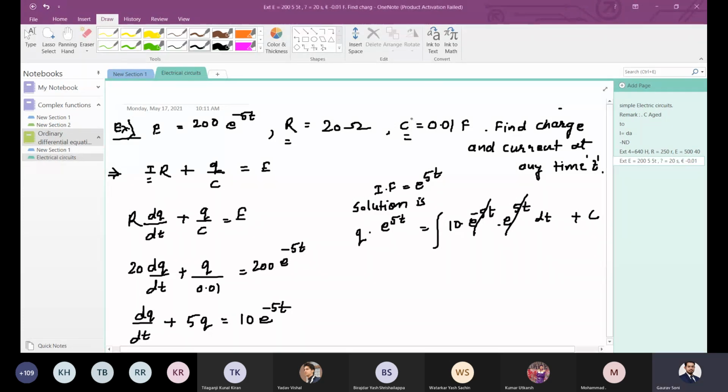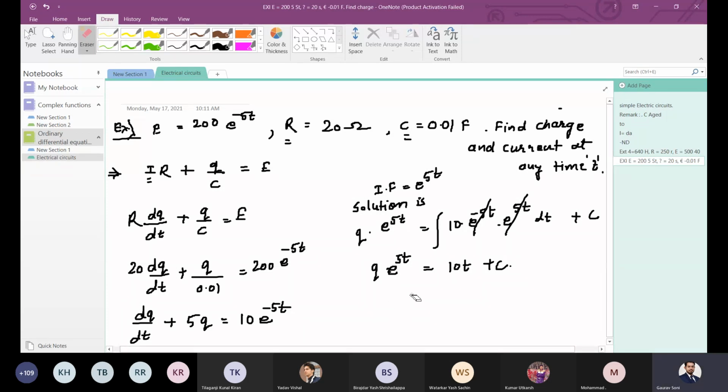So we'll get the charge here. q into e to the power 5t is equal to 10t plus c. So q is equal to, okay, let's not go to it.